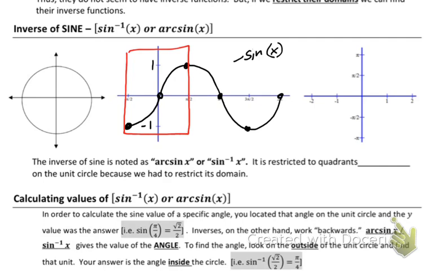Before, when I stretched from here to here, it made a complete circle. It was quadrant 1, quadrant 2, quadrant 3, quadrant 4. However, now we're just reduced to quadrant 4 and quadrant 1. So with sine inverse, or arc sine, as it's called, we're going to lop off this whole side of the unit circle, and we are just left with quadrant 1 and quadrant 4.